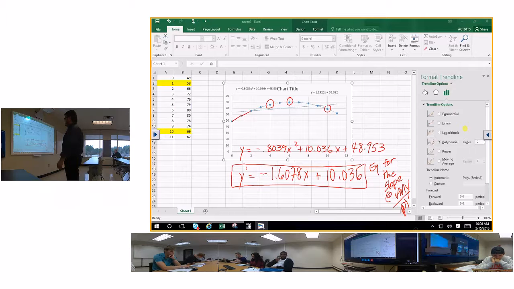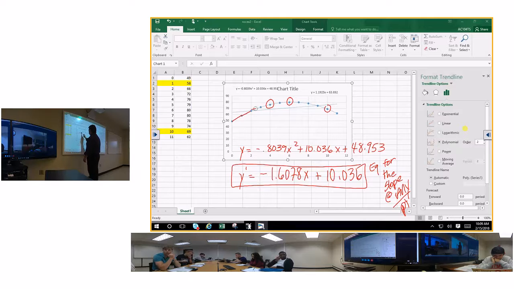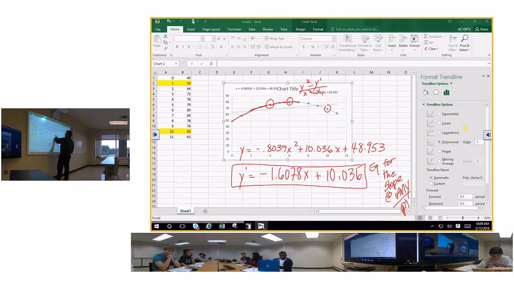Where if you look at the algebraic right here, you would have to use those 2 points, and you'd have to do y sub 2 minus y sub 1 over x sub 2 minus x sub 1. So if you wanted to find a point at any point, you would have to do how many calculations? 1, 2, 3, 4, 5, 6, 7, 8, 9, 10, 11.